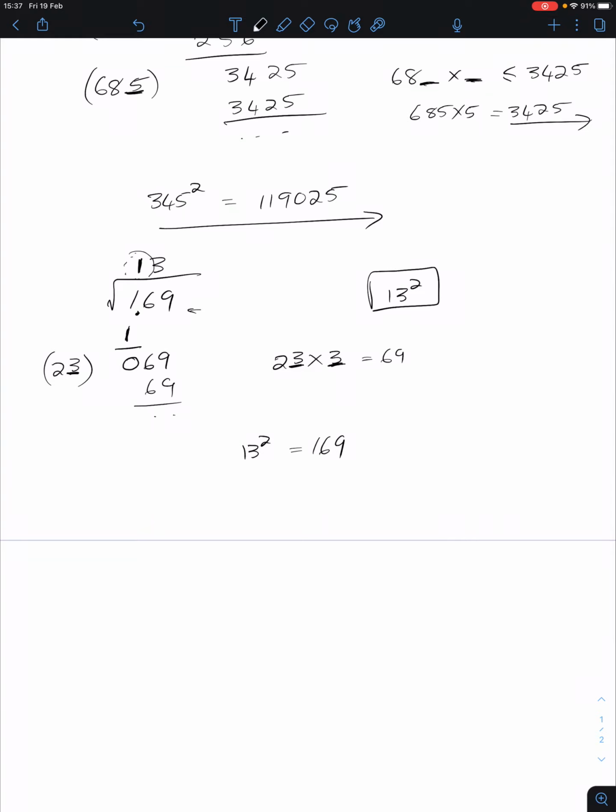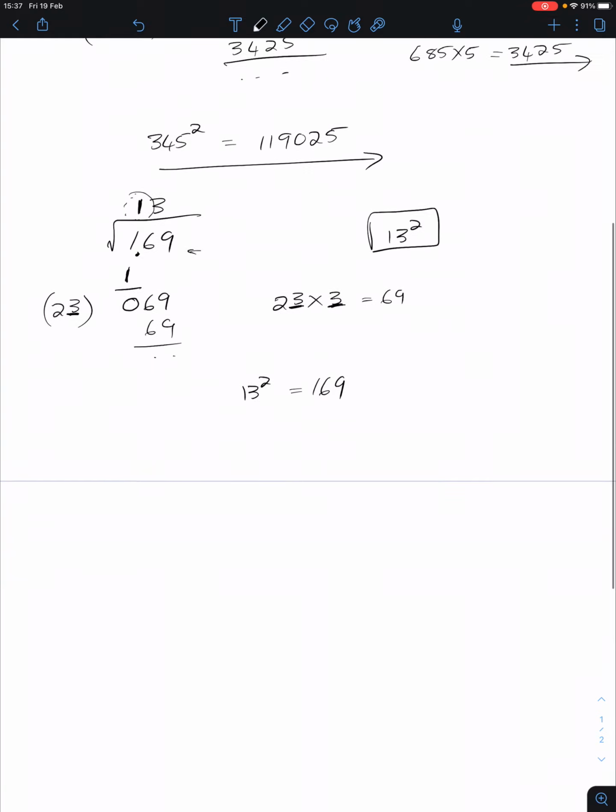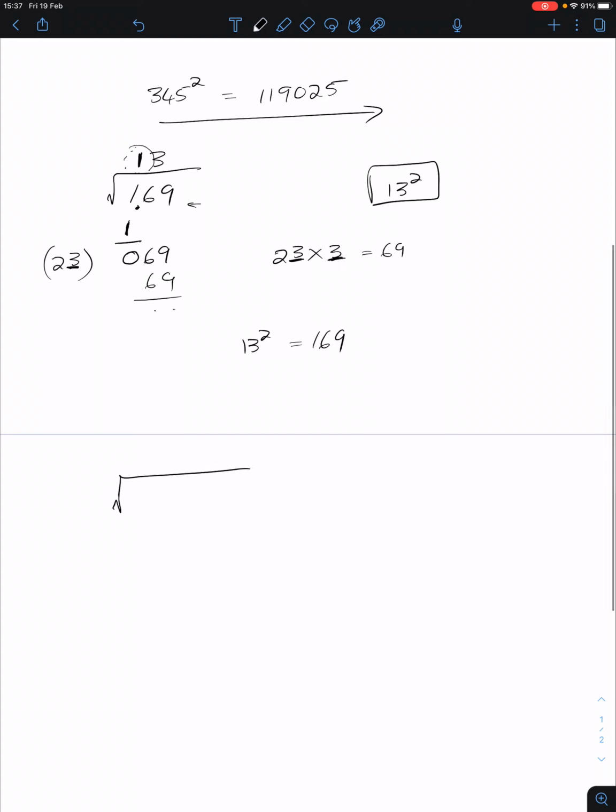Okay, let's try another one. Let's try the square root of 10201. So again, we start from the right and we group them in pairs. And we start off with 1 squared is 1. If you subtract that, you've got 0. Then you bring down the next pair. Then you take this number and you double it.